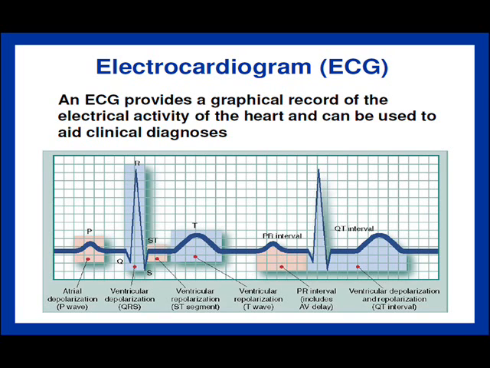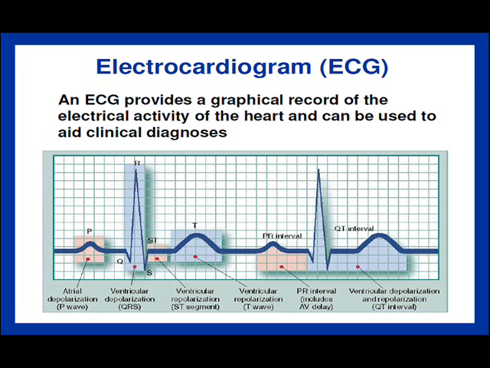Here's a real ECG taken on me back when I was a graduate student, I think, 15 years ago actually. But this is a real ECG. As you can see there's the P wave, there's the QRS complex, and there's the T wave.